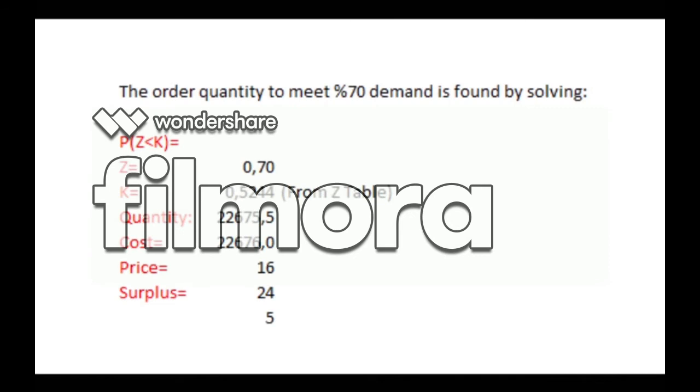For the order quantity to meet 70% of demand, we have P(z) smaller than K. We take P as 0.70 and from the Z table, K becomes 0.5244. 20,000 plus deviation times K is our quantity. We know our cost, price, and surplus from the former problem.